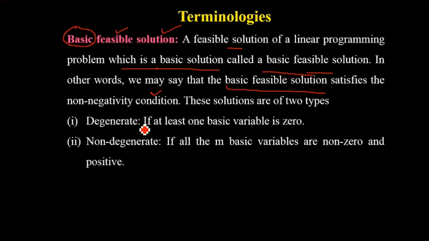So one is degenerate basic feasible solution, when at least one basic variable is 0. Another is non-degenerate basic feasible solution, when all the m basic variables are non-zero and positive. I hope the terms we will use when we solve the problem are clear.